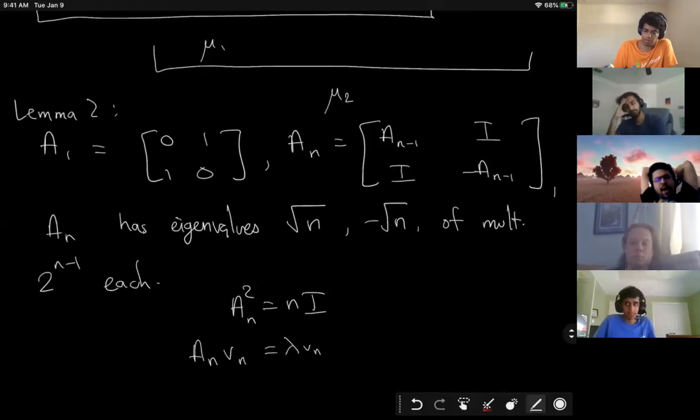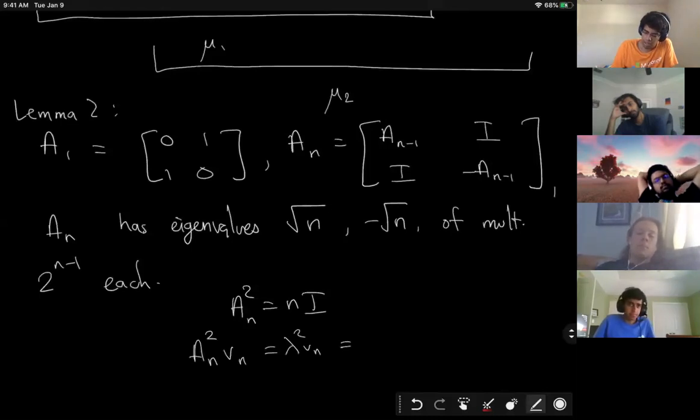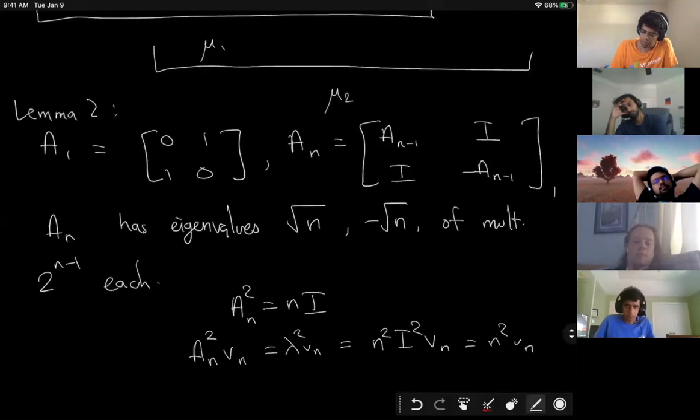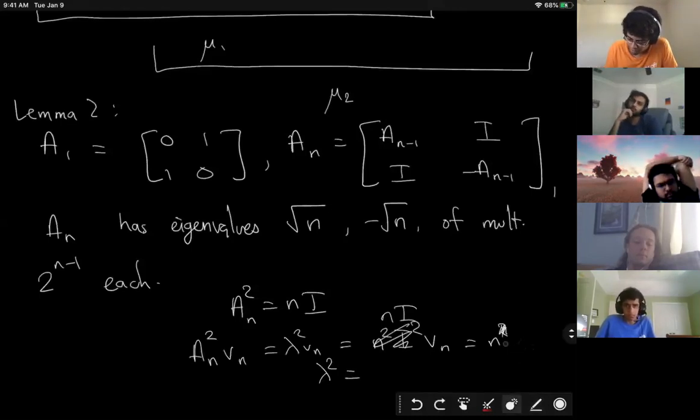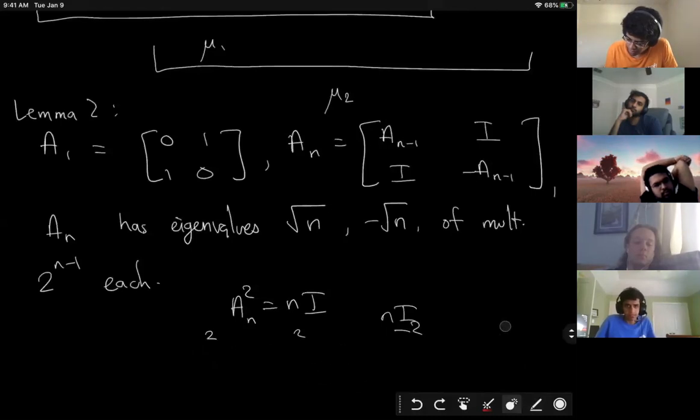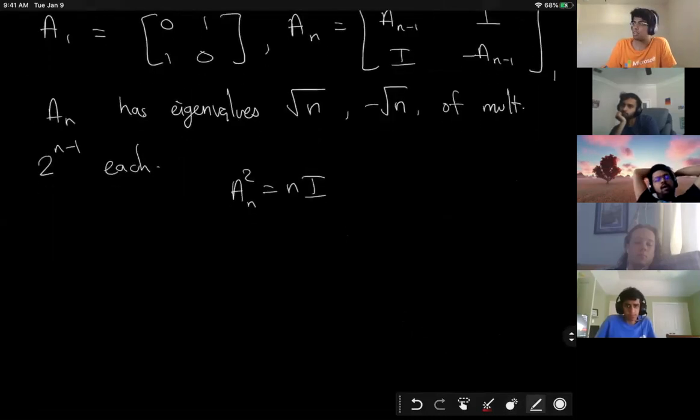Then An squared vn is lambda squared vn, which is equal to n I vn, which is n vn, which means lambda squared is n, which is what you have. I don't think I needed to show that, but anyways. So if you prove this inductively, you'd be done, and that's actually not super hard to do.